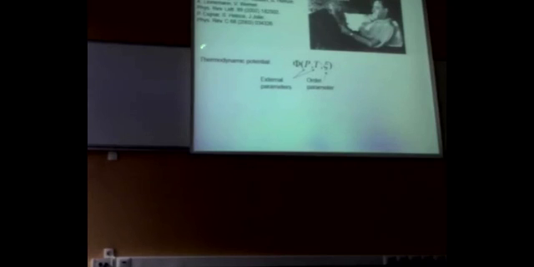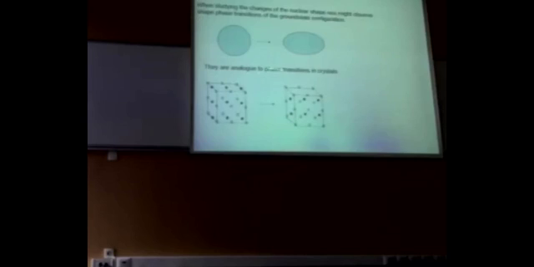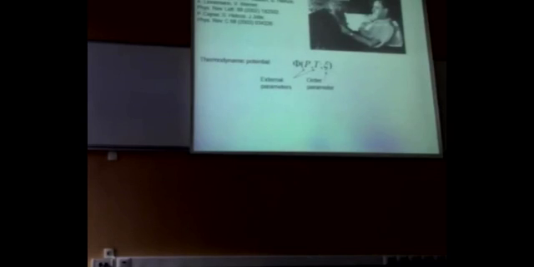And he started from a thermodynamical potential, phi, which also has external parameters like the pressure and the temperature that you can vary, and which has an order parameter, psi, which describes the structure. For instance, the crystallographic structure.